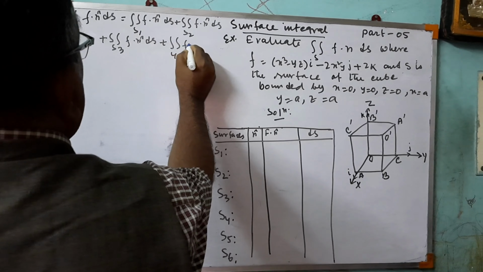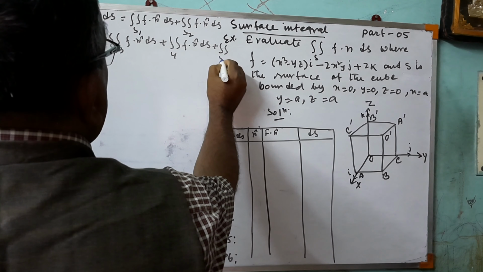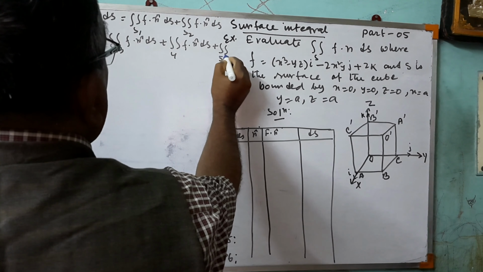This can be written as the integral over S1 of f dot n cap ds plus S2 f dot n cap ds plus S3 f dot n cap ds plus S4 f dot n cap ds plus S5 f dot n cap ds plus S6 f dot n cap ds.